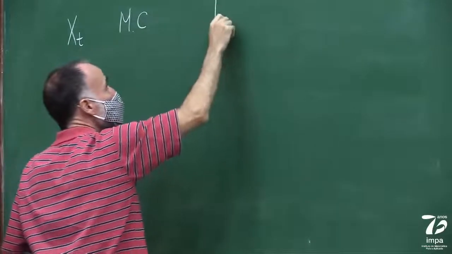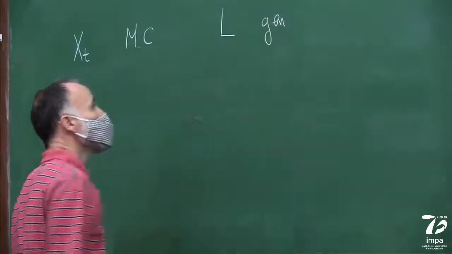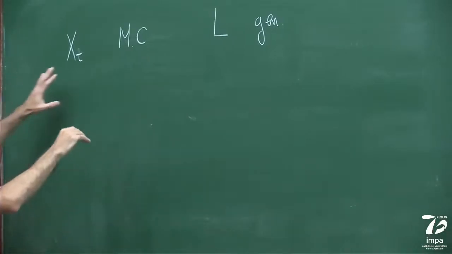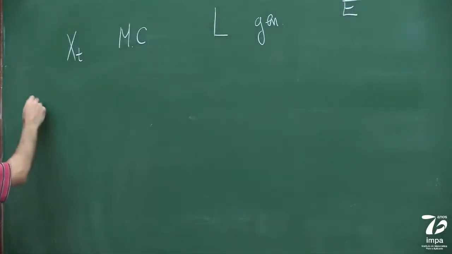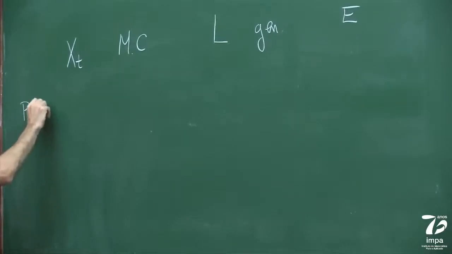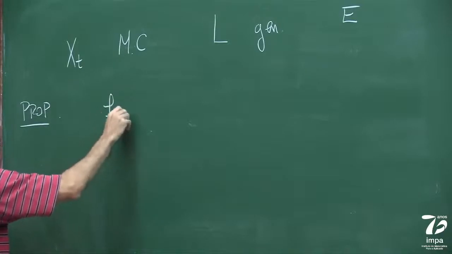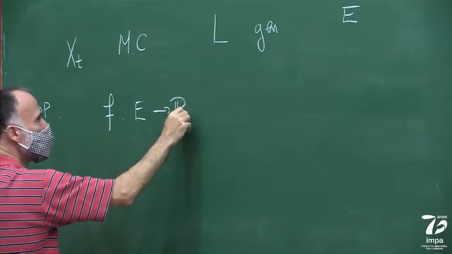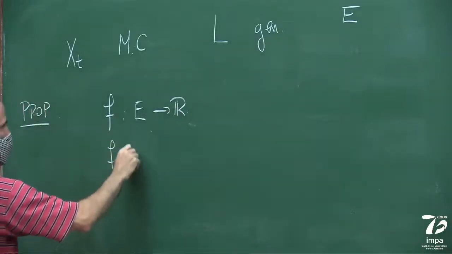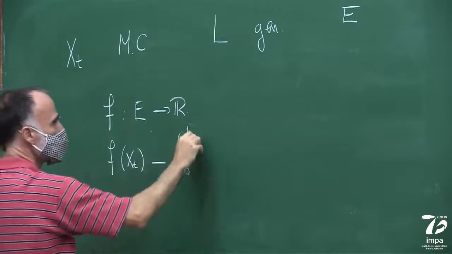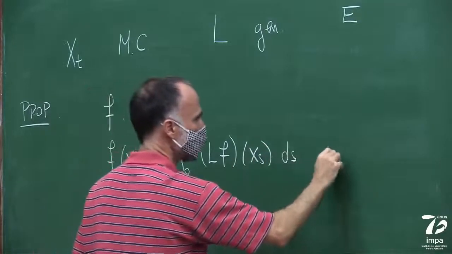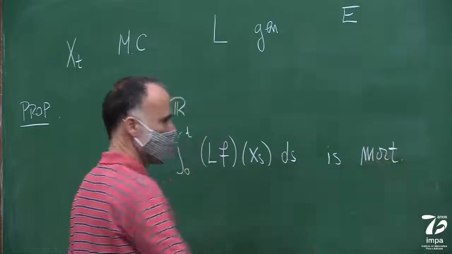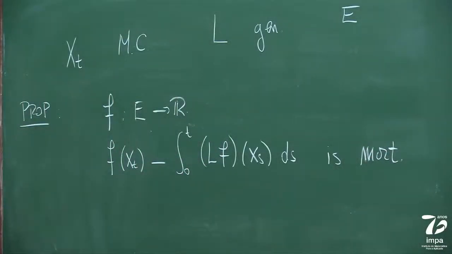Let me represent its generator by L. What I claim is that this Markov chain is evolving in a finite state space E. So the proposition is that if you take any function f from E to R, then f(X_t) minus the integral from 0 to t of Lf(X_s) ds is a martingale.